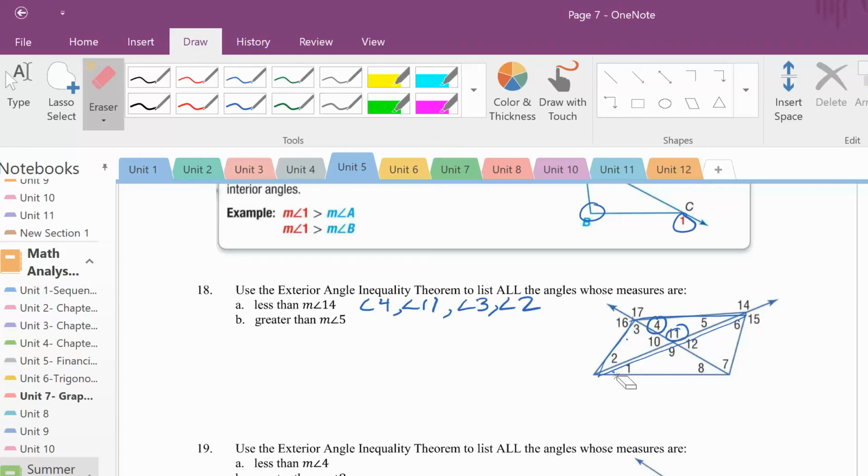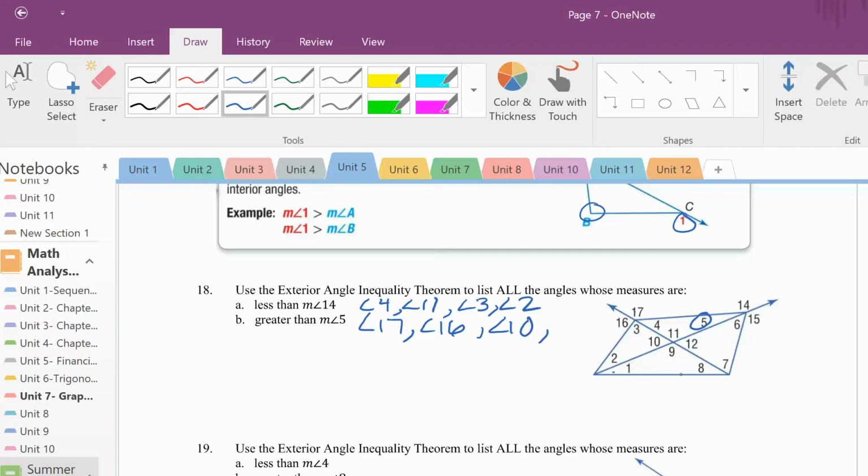Now the ones that are greater than angle 5. Angle 5 is right here. So the exterior angle for angle 5 would be 17. 17 would be an exterior angle that would be greater than it. Also 16 would be greater than it. If we look at angle 5, we could say that angle 10 is also an exterior angle in the triangle.